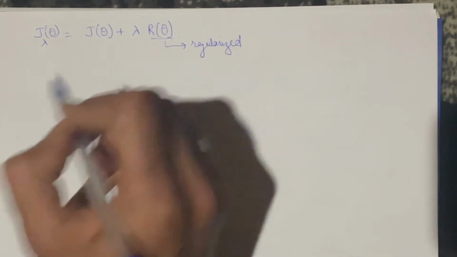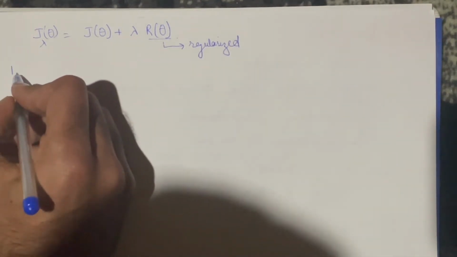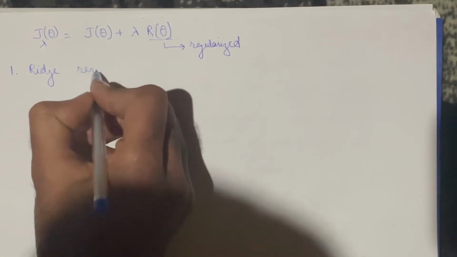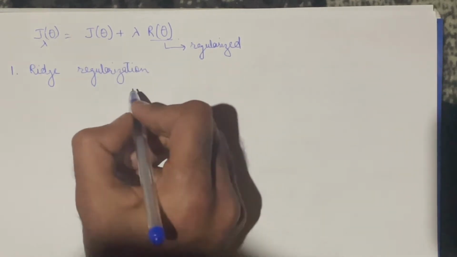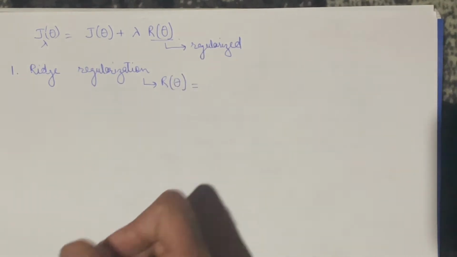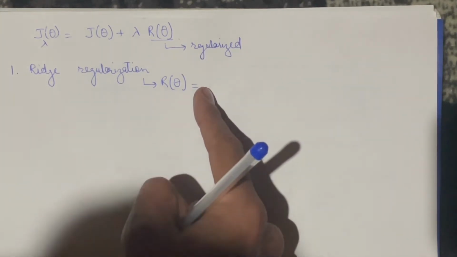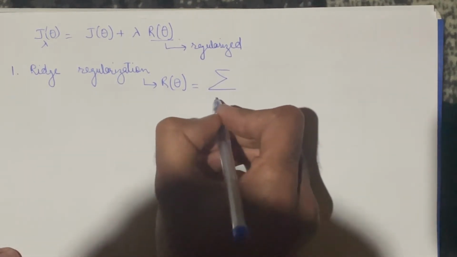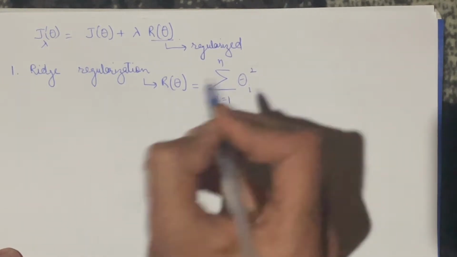Now for this R theta, there are different mechanisms of choosing it. The first kind of regularization is called ridge regularization. In ridge regularization, R theta is equal to the summation of i running from 1 to n of theta i square.